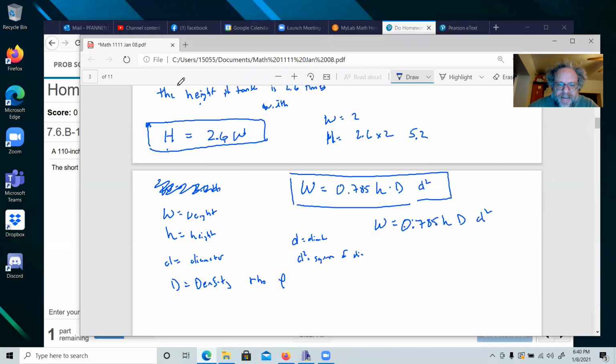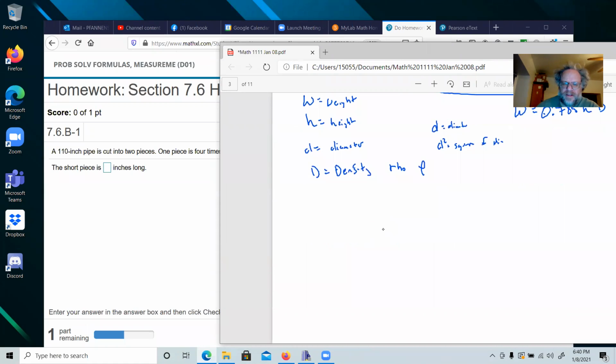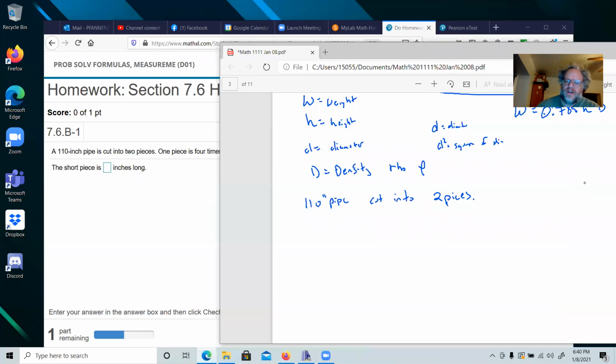We have a 110-inch diameter pipe cut into 2 pieces. And we know that one piece is 4 times the length of the other. Okay, so we have to name things, right?